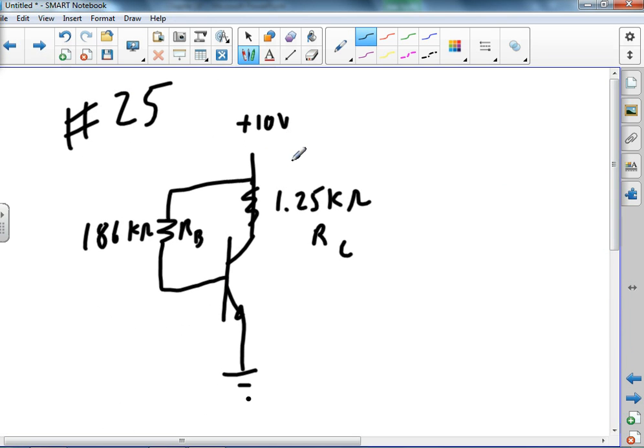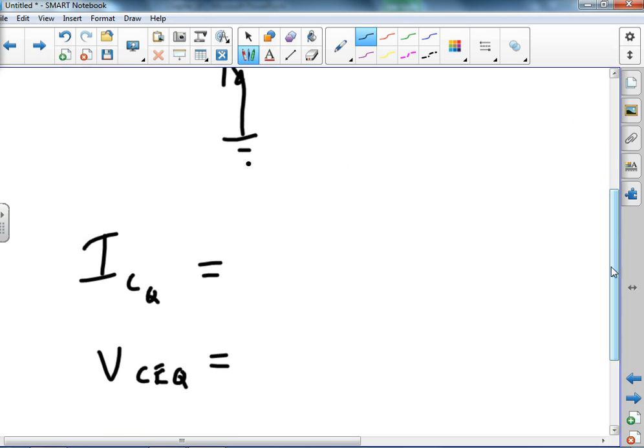All right, well, voltage at cutoff is 10 volts. So the voltage at the Q point is going to be that 10 volts divided by 2, also known as 5 volts.